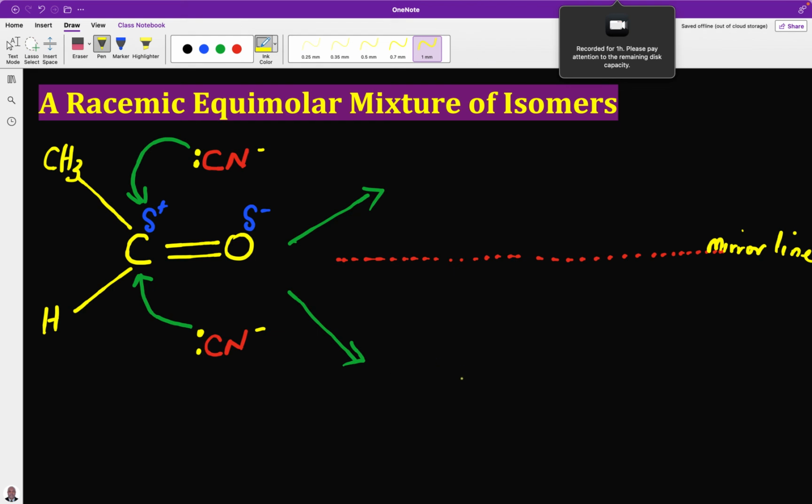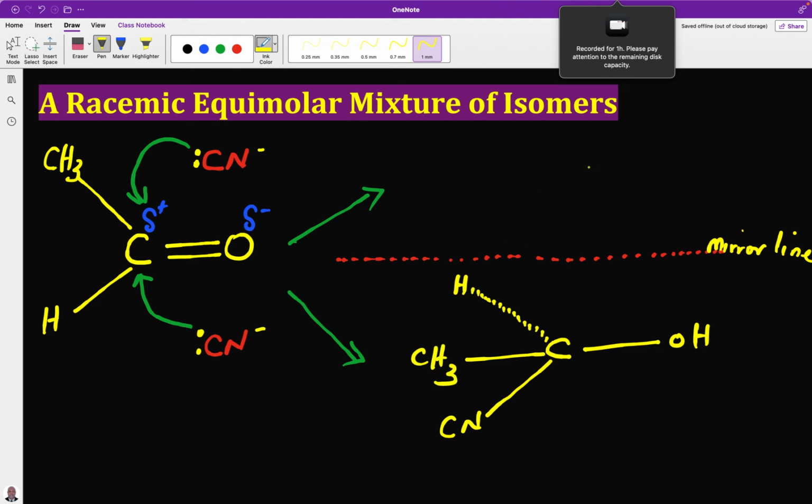The structure here will be a carbon, an OH, and let me say hydrogen here, and CH3.